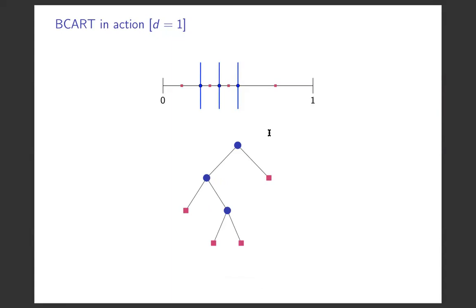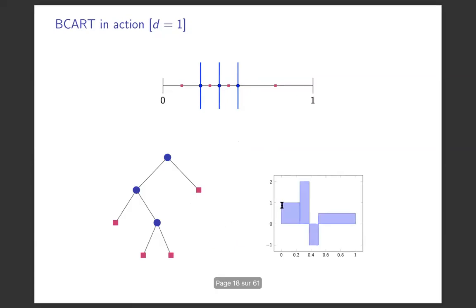Okay. So here we get a tree. And from the tree now, once we have the tree, this gives us some partition where you can see here, which is given by the blue vertical lines. And once we have this partition, it just remains to draw some heights at random to get a histogram.